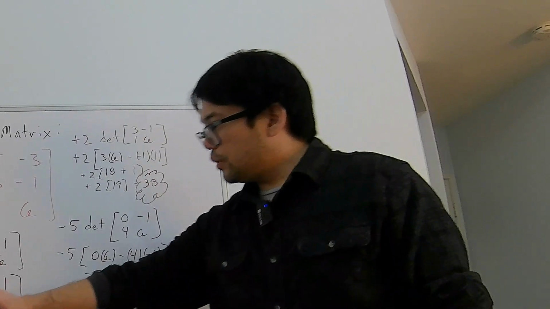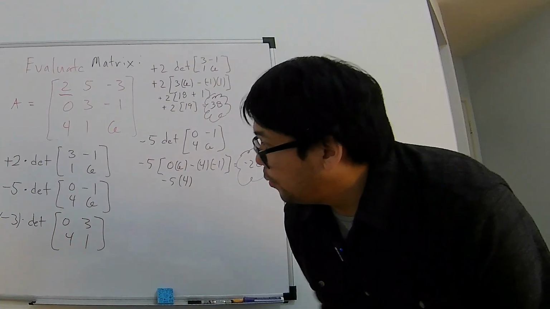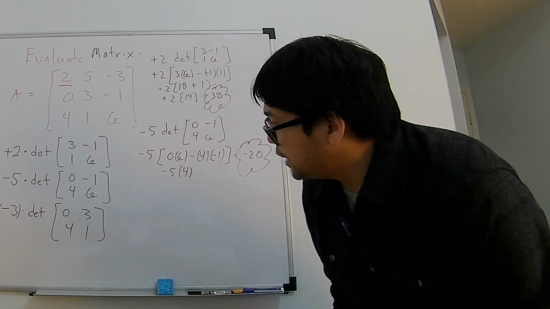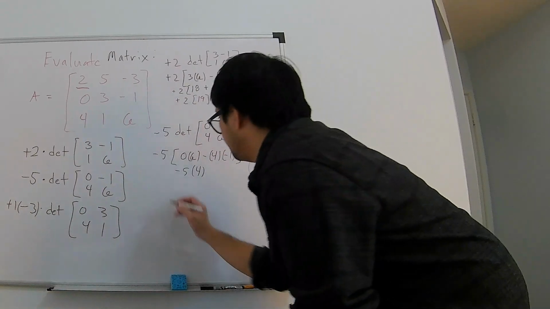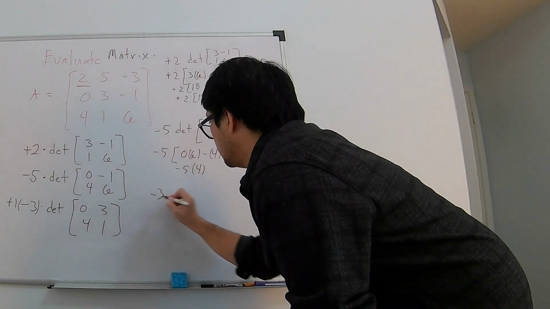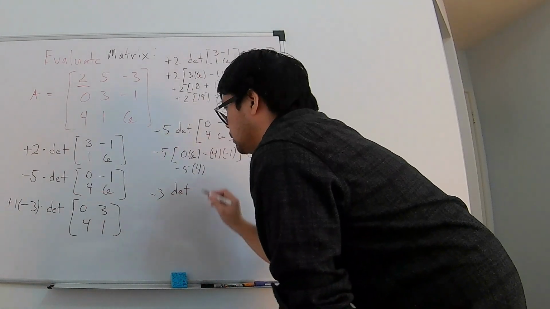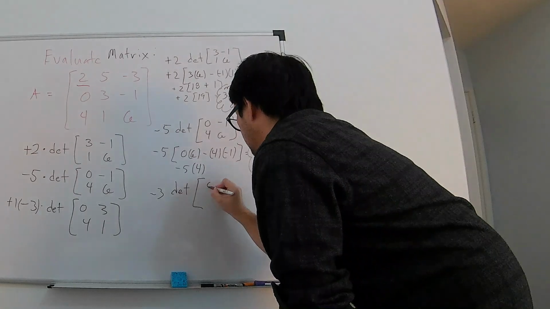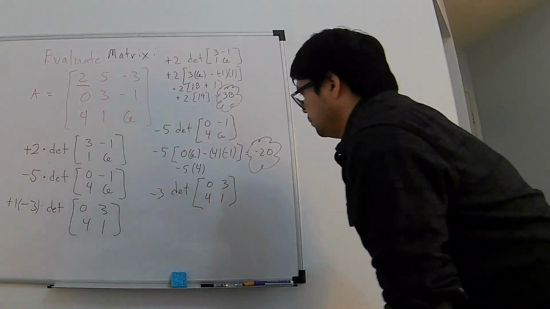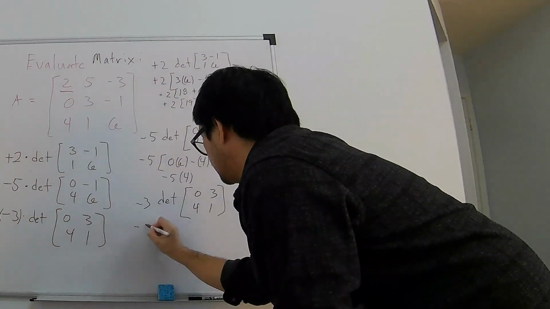And then now we got the last guy right here. Positive 1 times negative 3 times the determinant of this. So we have a negative 3 out front times the determinant of 0, 3, 4, and 1. Okay, take that. That's just negative 3.